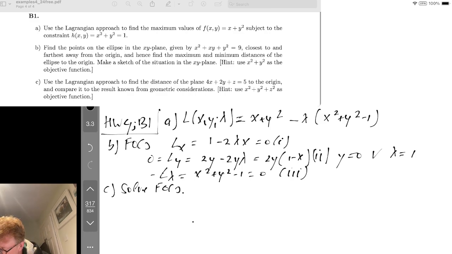So let's look at y is 0 first, and then lambda is 1 is the second case.